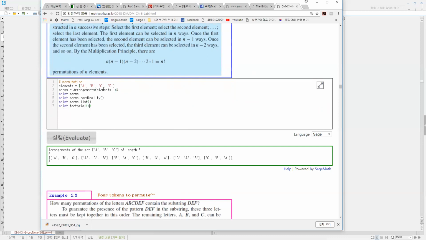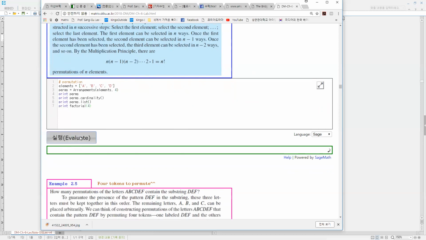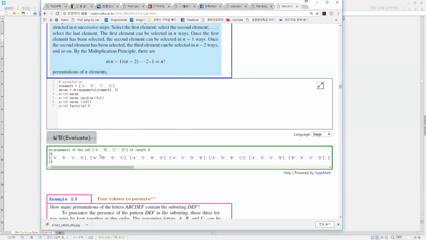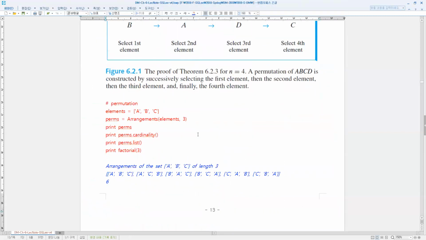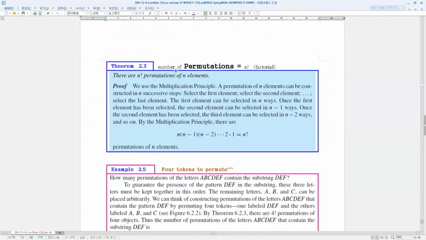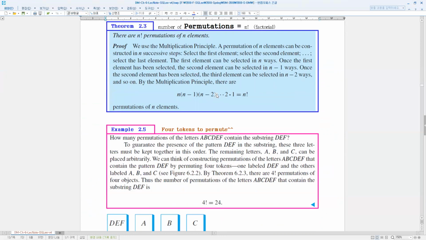Then count them. Then we have ABCD. Then we have 24 different ways of choosing, which is the same as 4 factorial. Okay, that can be done. So the number of permutations is n factorial, which can be found in here.